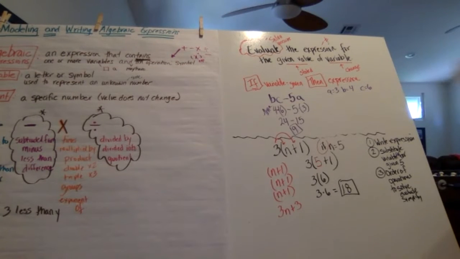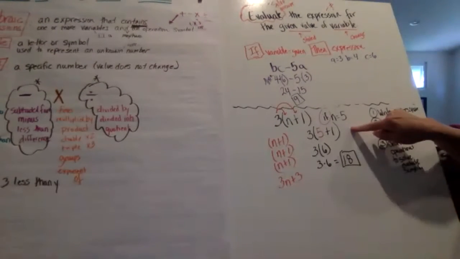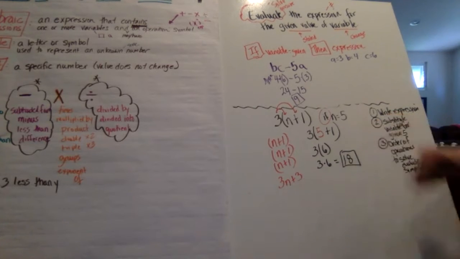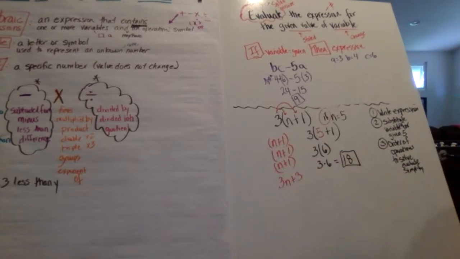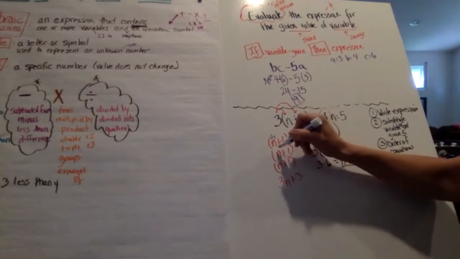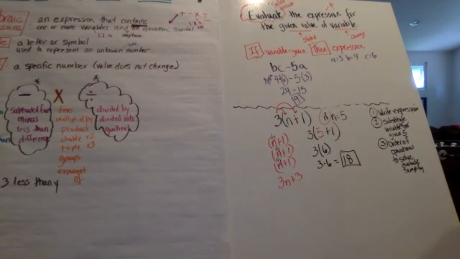Okay. I was wondering if you put the 5 in on that one problem that we did there, if that would still come out to 18. So n plus 1, n plus 1, n plus 1. If n is 5, we could have evaluated that as 5, 5, 5. So each one of those would have been worth 6, and 6 times 3 would have been 18.